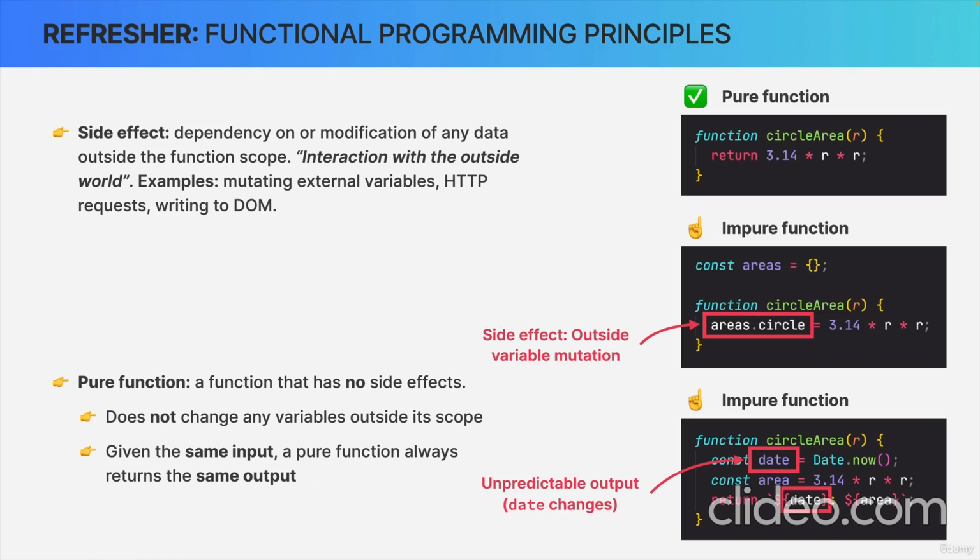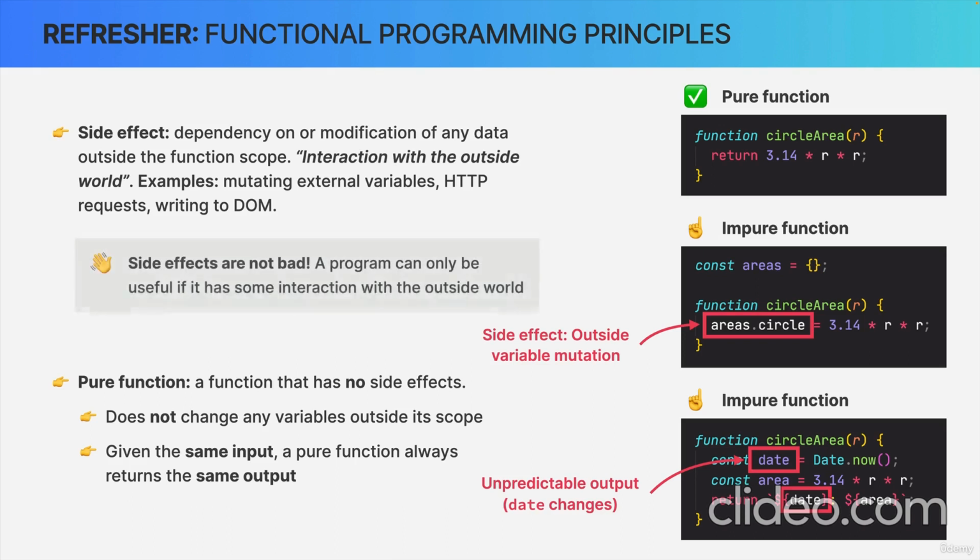Now, calling functions impure makes it sound as if side effects are somehow bad, but that's actually not true. So side effects are not bad in themselves. In fact, if we think about it, any program can only be useful if it has some interaction with the outside world at some point, right?